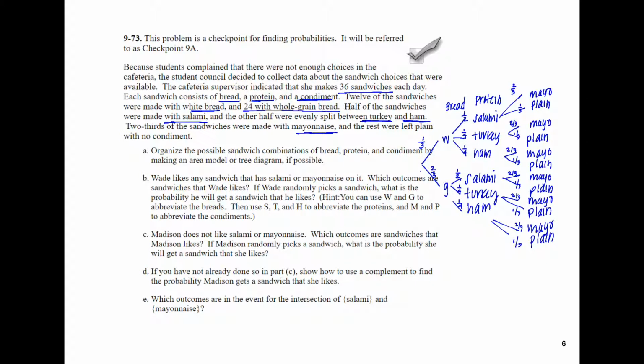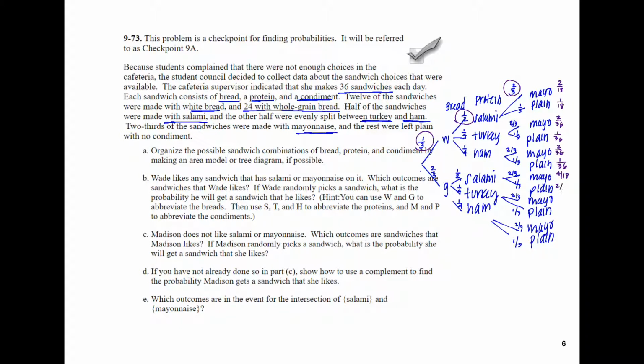When we multiply all of those straight across to get the probability of a sandwich with white bread, salami, and mayo, we get 2 out of 18. White, salami, and plain, 1 out of 18. 2 out of 36, 1 out of 36. 2 out of 36 are white ham and mayo. 1 out of 36 are white ham and plain. 4 out of 18 are grain, salami, and mayo.